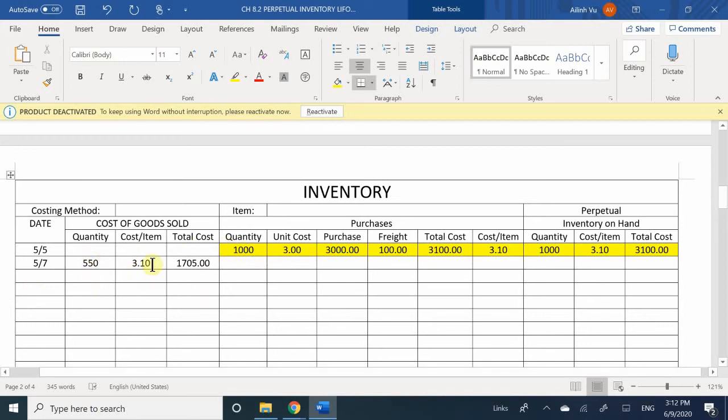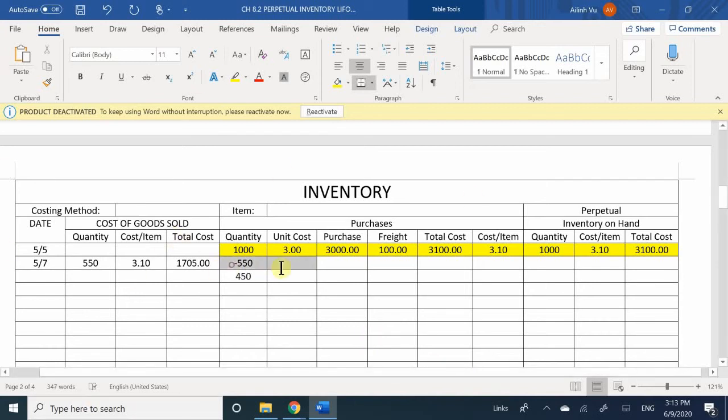Remember, we're taking this number and multiplying it by how much we sold, so we recognize a cost of $1,705. Now we transfer that information across. We sold 550, so how many are left? We have 450.